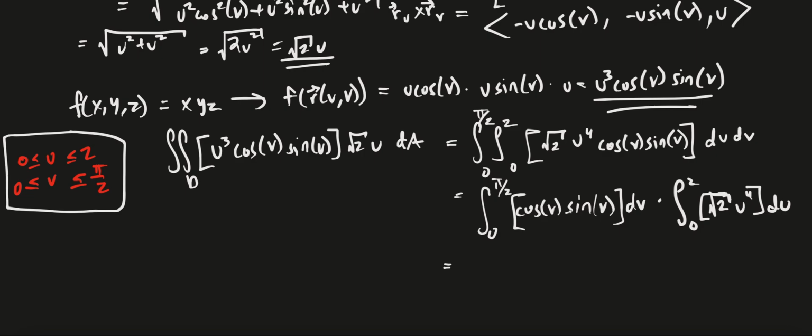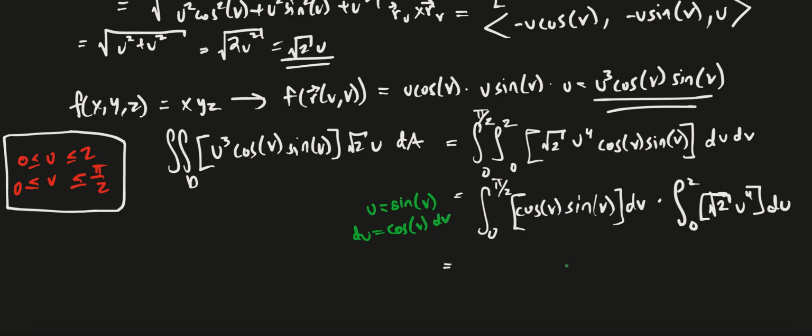For some people this is obvious and they can do this in their heads. I personally probably can't. I'm just going to try to use the u substitution real quick. So u is sine v in this case, du is cosine v dv. This is a nice way to set this up.